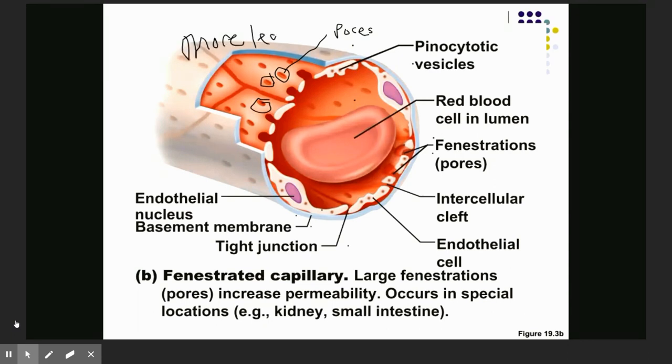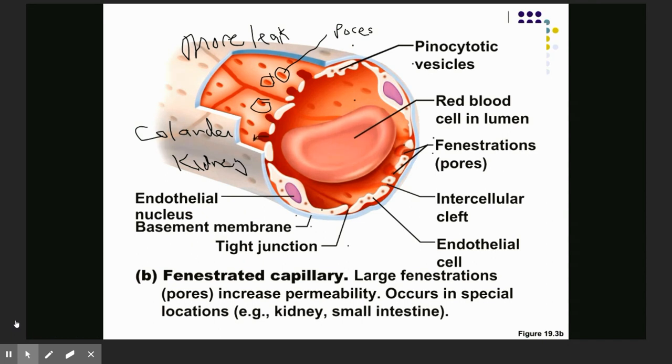If you look at them, they look a lot like something you might have in your kitchen. They look like a kitchen strainer or a colander. And just like you use a colander or a strainer to separate things by size, that's exactly what these capillaries do. They're found in places like the kidney. So bigger things can get out or in because they can go through these holes.